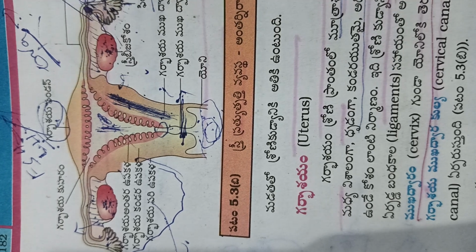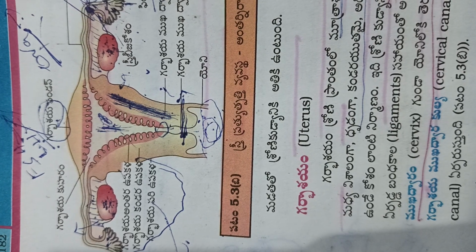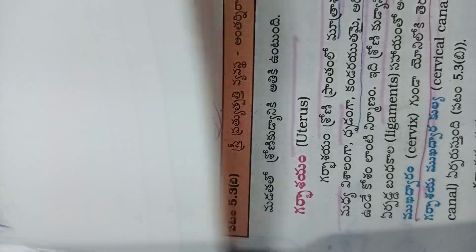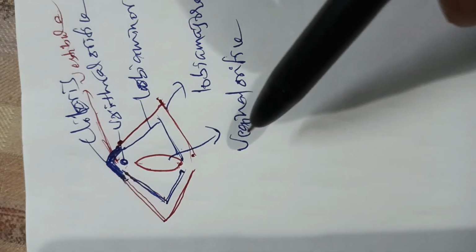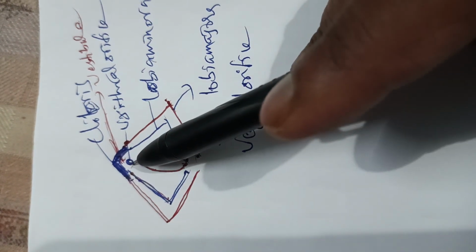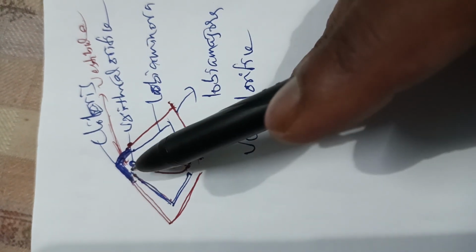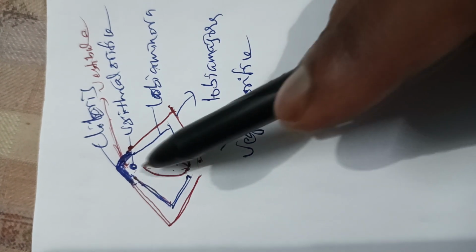The vestibule has two openings: one is the urethral orifice and one is the vaginal orifice. See, this is the vaginal orifice, and this is the urethral orifice. In the female reproductive system, generally we can observe two different apertures.